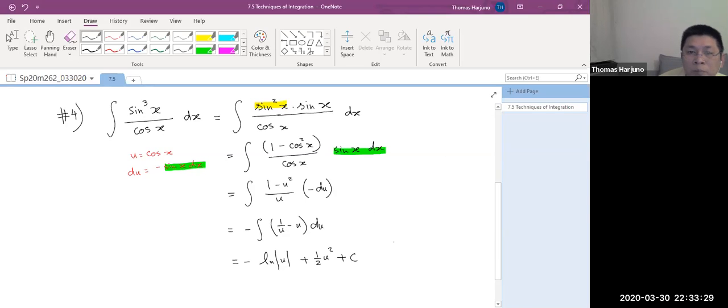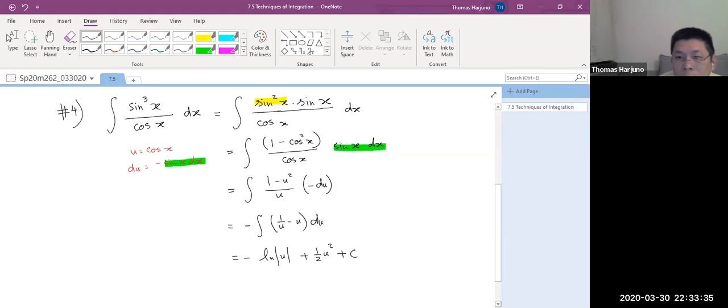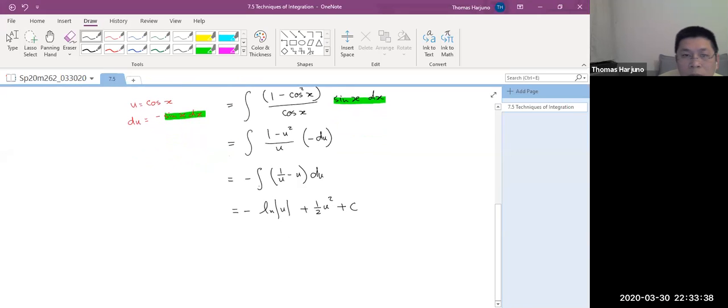Yeah, I put the u back and scroll it up. Give myself some more space. This is negative natural log of cosine x plus 1/2 cosine squared x plus constant.